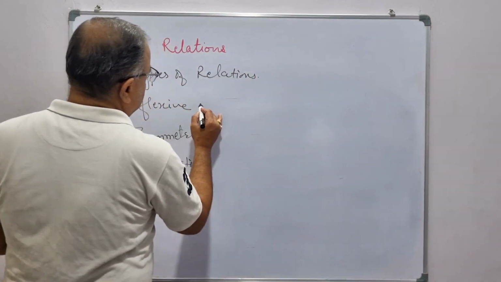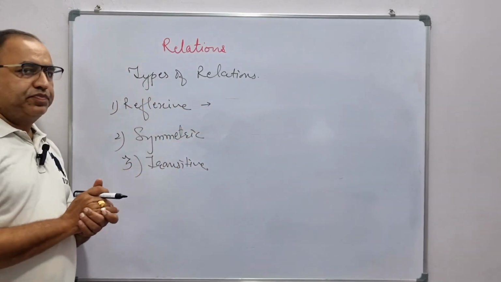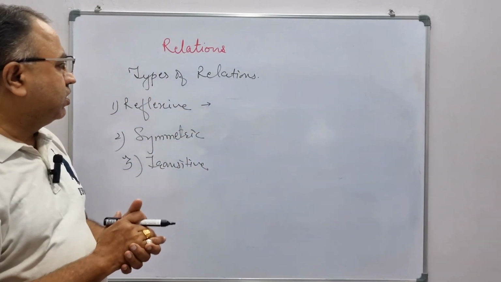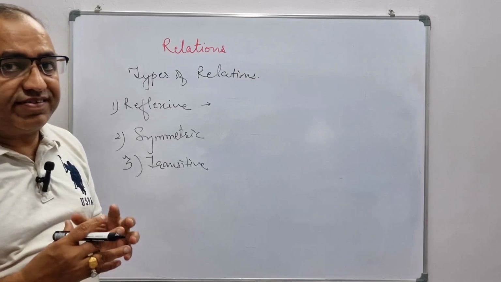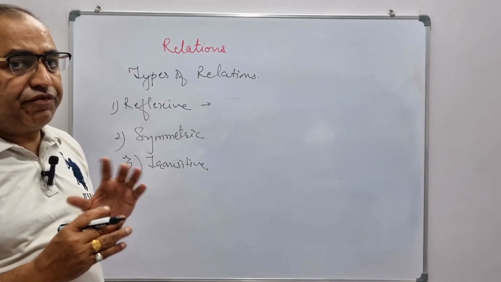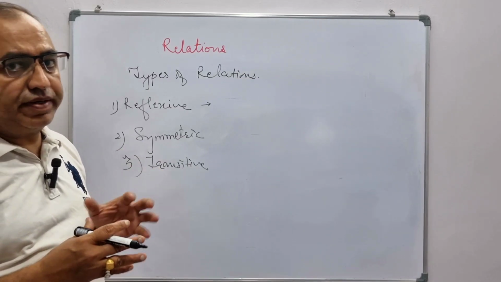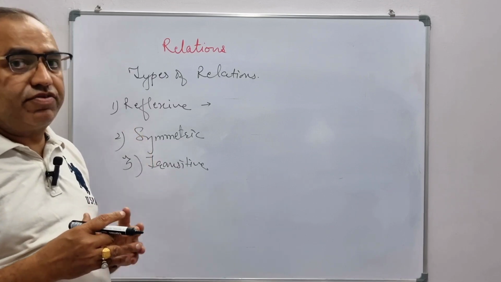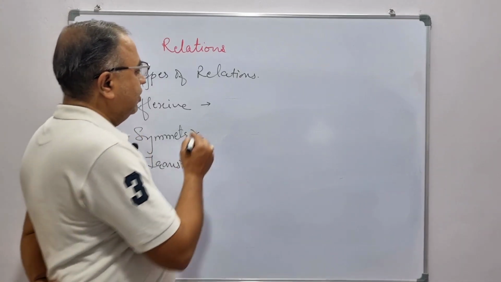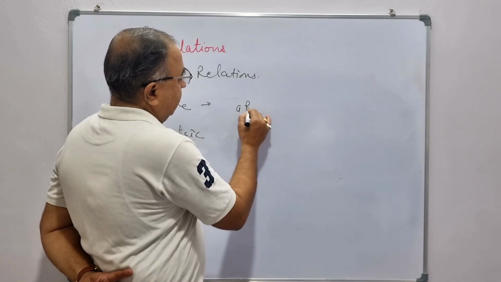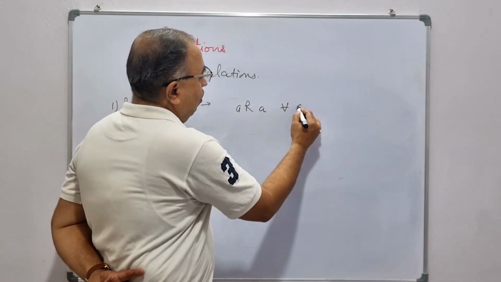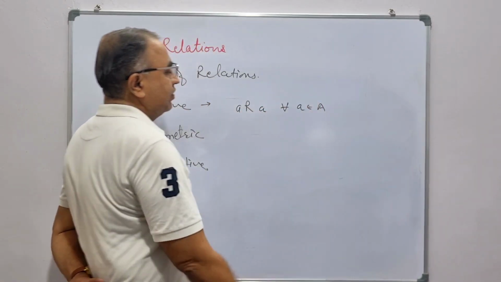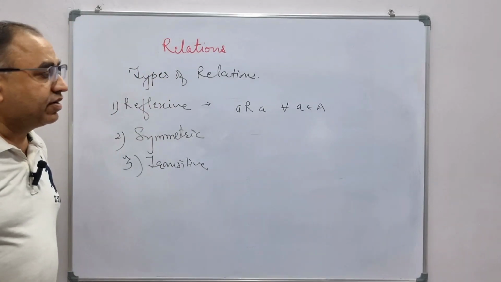When is a relation said to be reflexive? For a relation to be reflexive, it is necessary that each and every entry of the set must be related with itself. That means A must be related to A, and it should be true for all A which belongs to set A. Then the relation is reflexive.